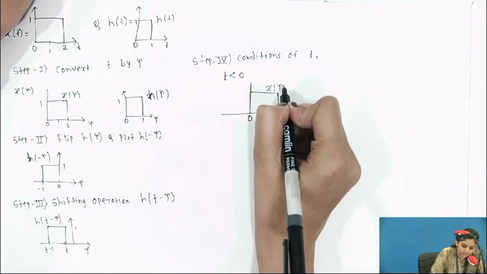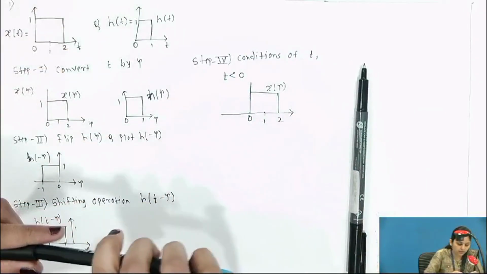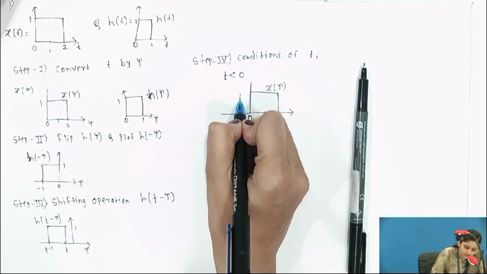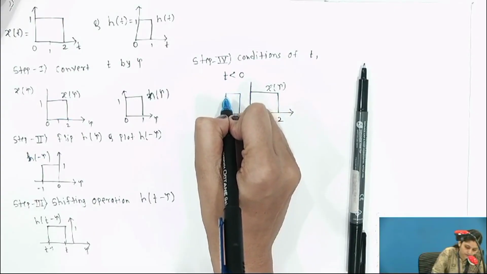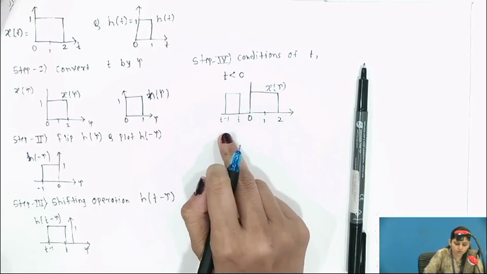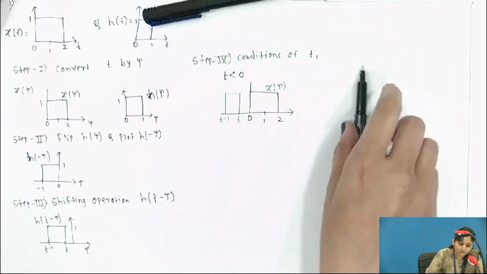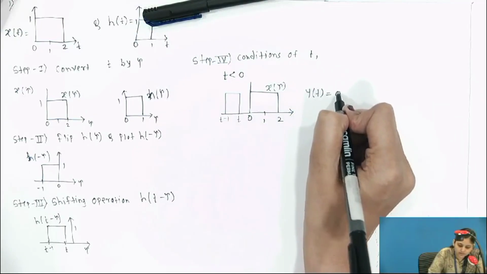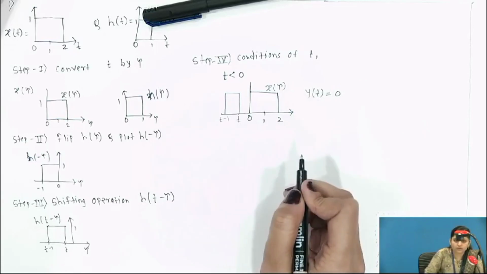Since t is less than 0, it is here, that is t and t minus 1. So no overlapping is present here. If there is no overlapping, then y of t is 0 in this case.